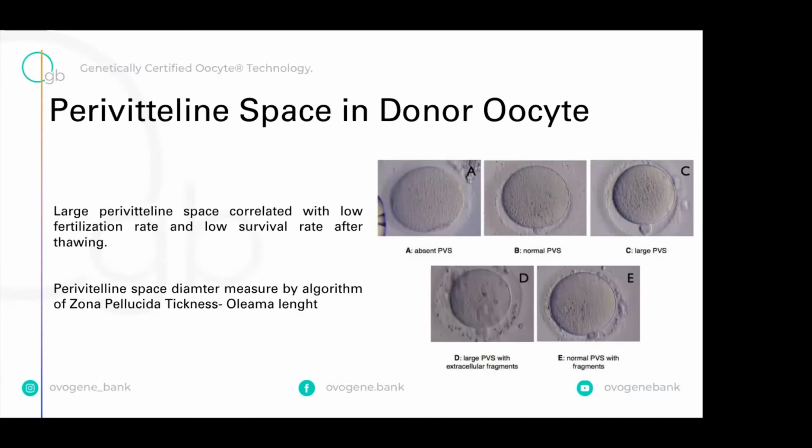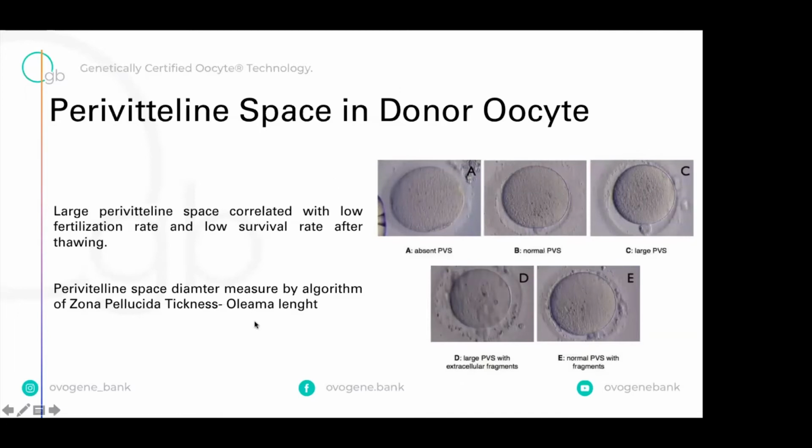Also, when you have an increased perivitelline space, it is most possible for the vitrification process that there will be more cryoprotectant concentration between the oolemma and Zona pellucida. And when you thaw the oocyte, mostly this oocyte will recover really late. You will wait 2-3 hours, and even that will not be enough for fertilization, and possible damage will occur during fertilization with a high perivitelline space.